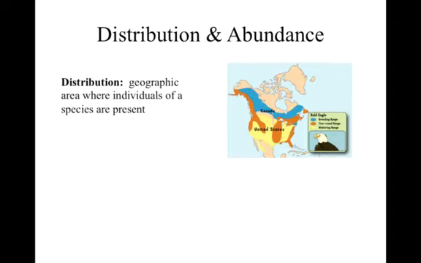And you can see that there is some area where the bald eagle is only present in the summer where it breeds. That's the blue. There's some area where it's present all the time, all year round, and that's the orange. And there's some area where it's only present in the winter where it goes during the cold weather further north. So that's a description of the distribution of bald eagles.